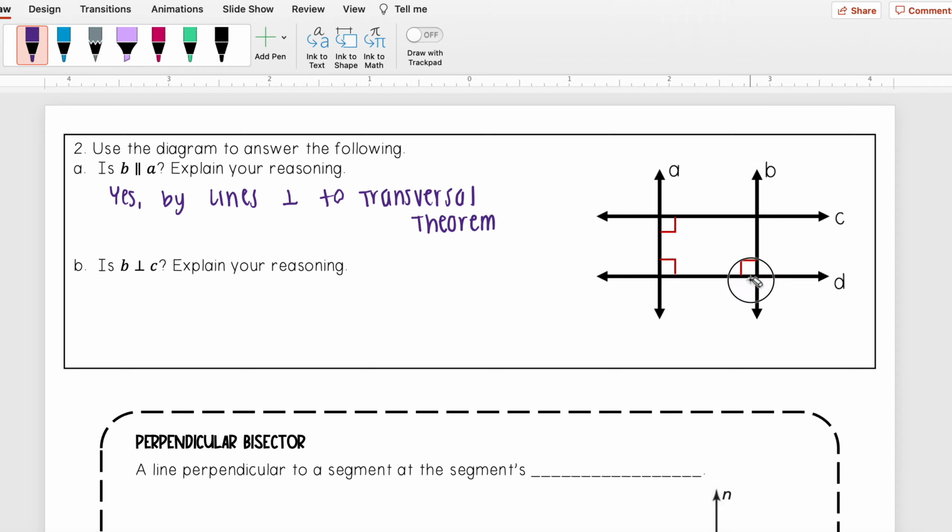Okay, now I need to determine if B is perpendicular to C. So I first know that A is parallel to B, or B is parallel to A. We just shown that. So I'm going to go ahead and draw those in.